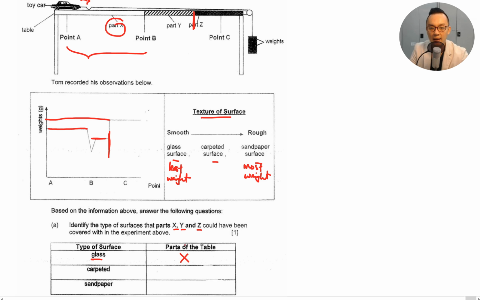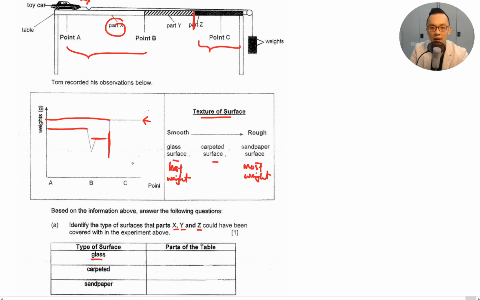Sandpaper is the most weight, at point C, part Z. Oh, wait a minute, got it a bit wrong. Sorry. Let's come back.